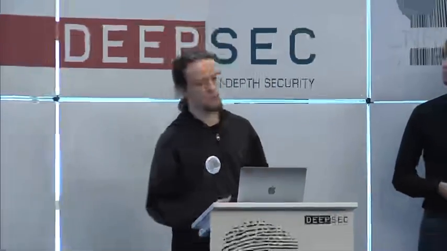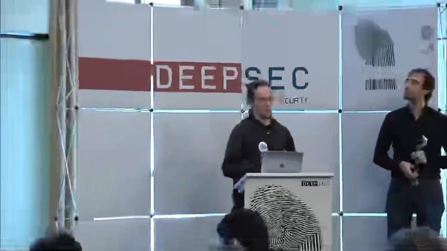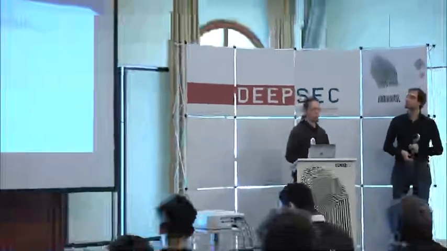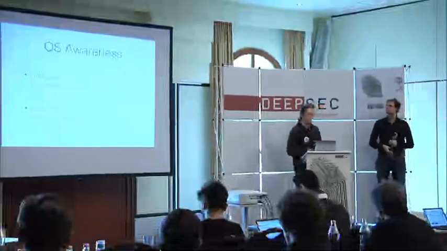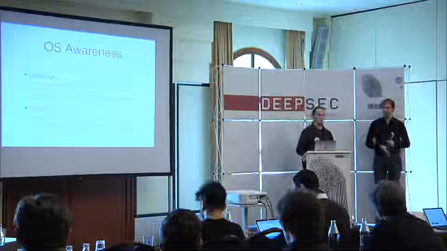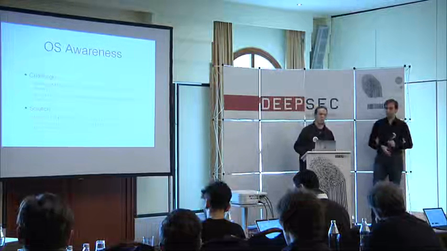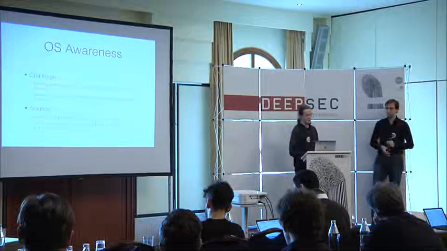Okay. Now that we are running 64-bit code, the next question is, how do we interact with the operating system? Because even though we set up paging, we still can only directly address physical addresses. And the operating system, of course, uses virtual addresses, so we'll kind of have to translate here.